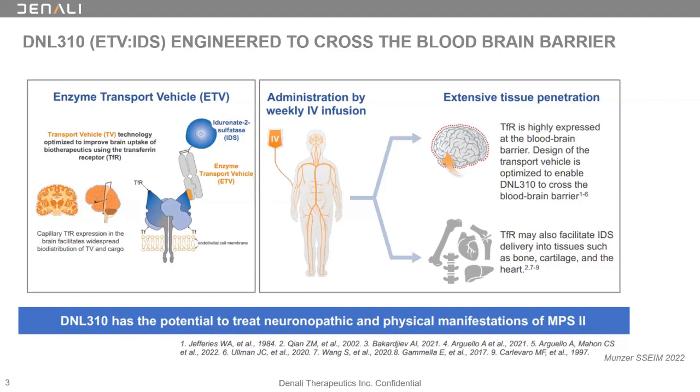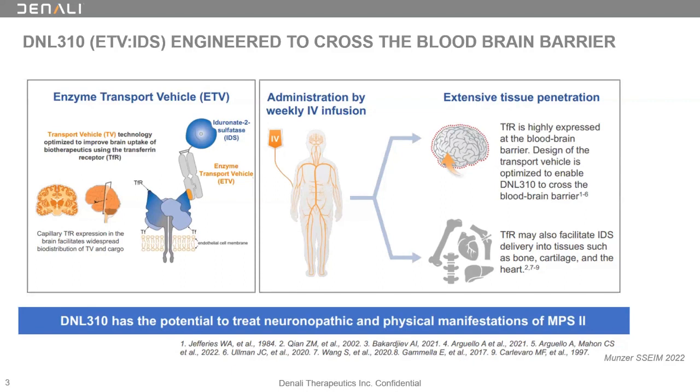Now, this transferrin receptor binding module helps bind the molecule at the blood-brain barrier to the transferrin receptors, and then subsequently transcytose the molecule across the BBB to the CNS, and hence enabling delivery of the enzyme to the desired target.